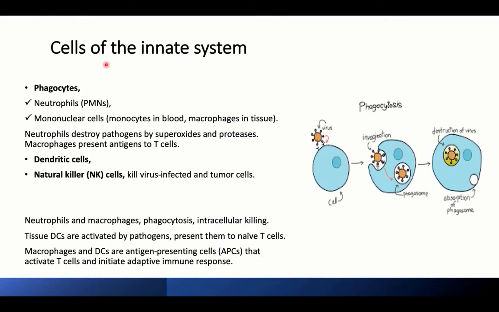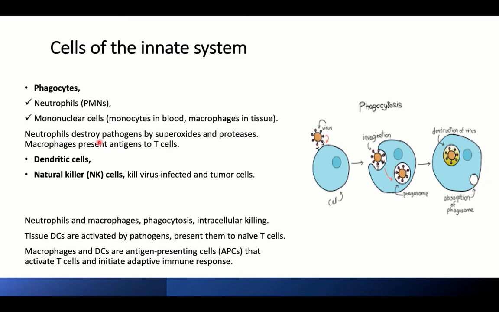Cells of the innate system include the phagocytes. This is the process of phagocytosis and intracellular killing of a foreign material. Phagocytes include neutrophils or polymorphonuclear cells, and the mononuclear cells, which are monocytes in blood and macrophages in tissue. These are the phagocytes, polymorphonuclear and mononuclear cells.